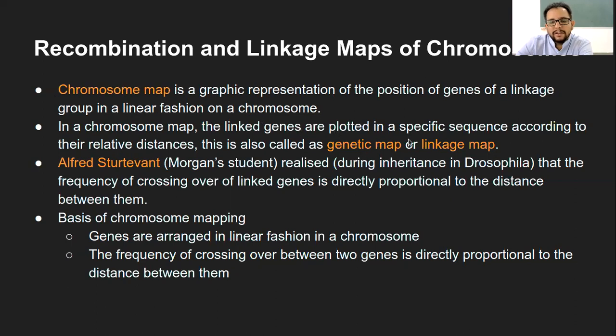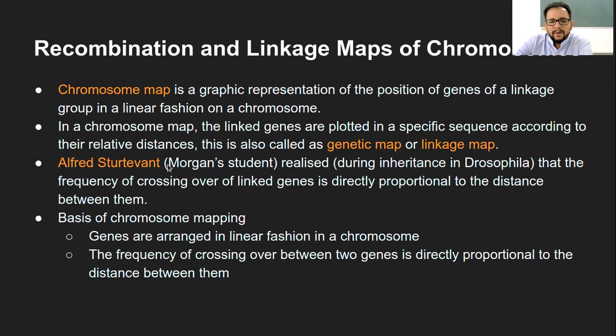All three terms are the same. It's like plotting a line or graph of the distance between two cities and marking all the specific points on that journey. That is something like a chromosome map.